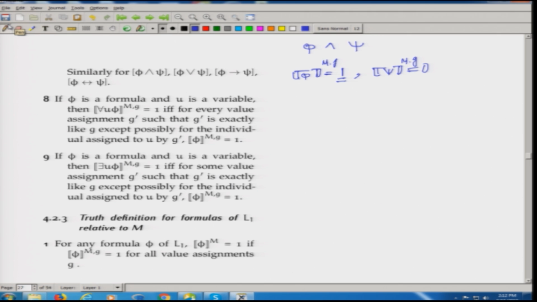Now, if phi is a formula and u a variable, then the denotation of some u phi with respect to m and g is 1, we are reading this rule, if and only if for some value assignment g prime such that g prime is exactly like g except possibly for the individual assigned to u by g prime, the denotation of phi with respect to m and g prime is 1. Now, we need to understand these two things. Then we get back to section 2, 3, 4.